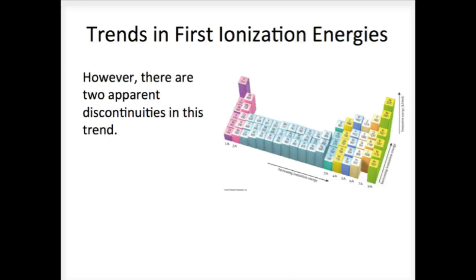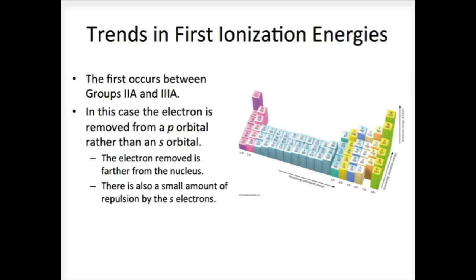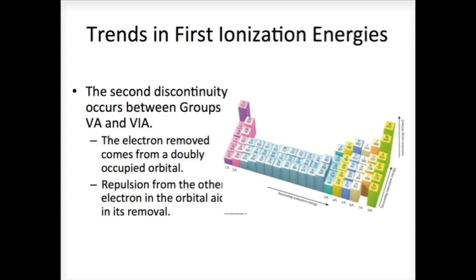Now, there are a couple of exceptions, shall we say, what they term discontinuities. The first is between 2A and 3A, because we go from s2 and now add a p1, and those inner s electrons apply just enough repulsion to make it easier to remove that first electron in the p1 orbital.